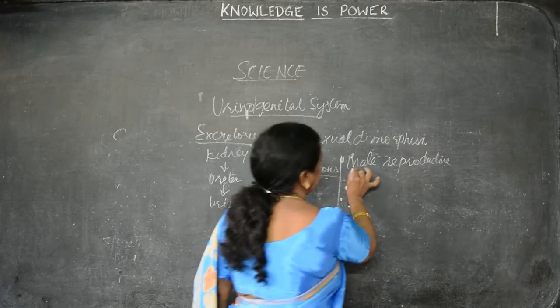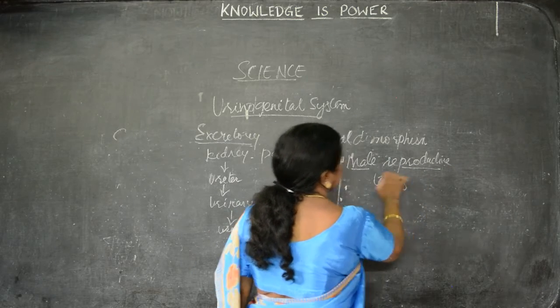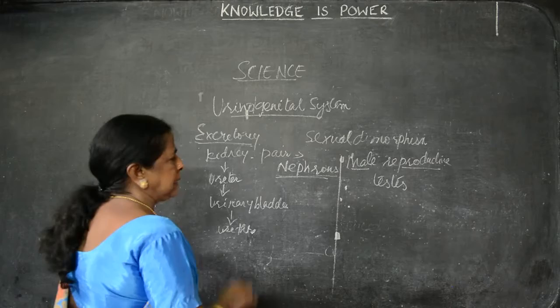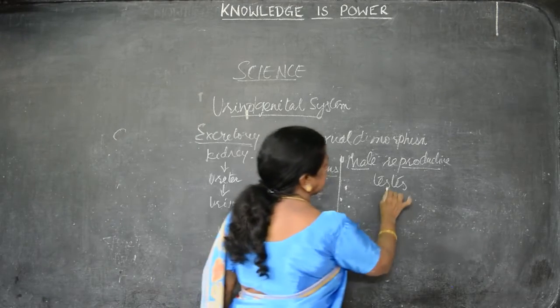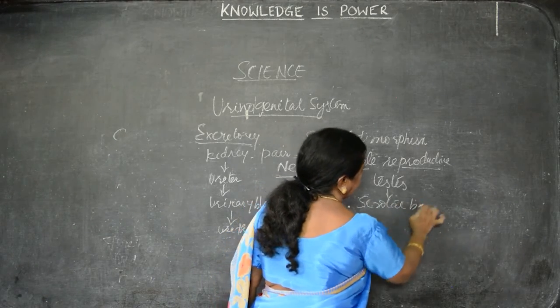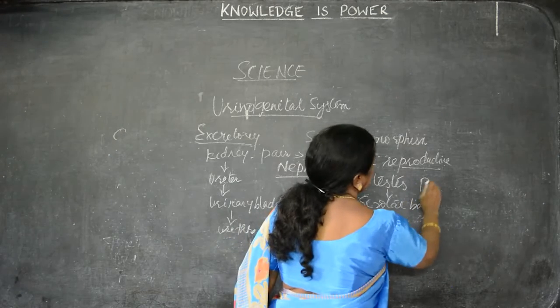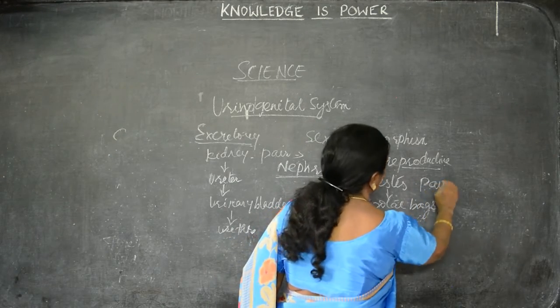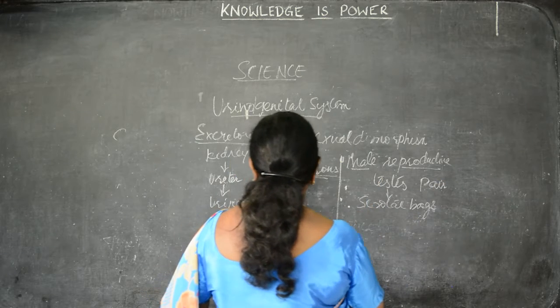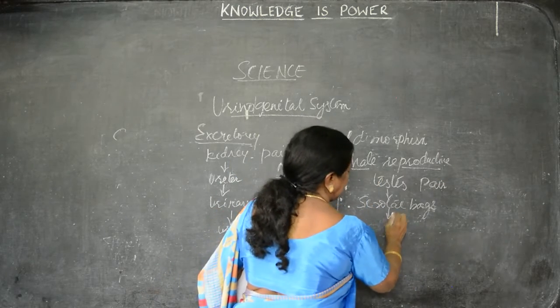Male reproductive organ. We have studied already the testes, which are the first part of the reproductive organ. The testes are present in scrotal bags. There is a pair of testes, one on each side, right and left. The scrotal bag converts into tube-like structures.